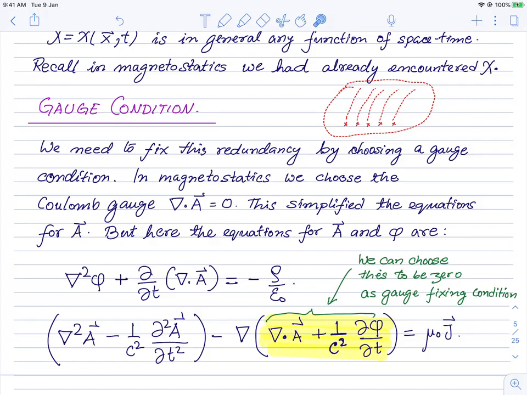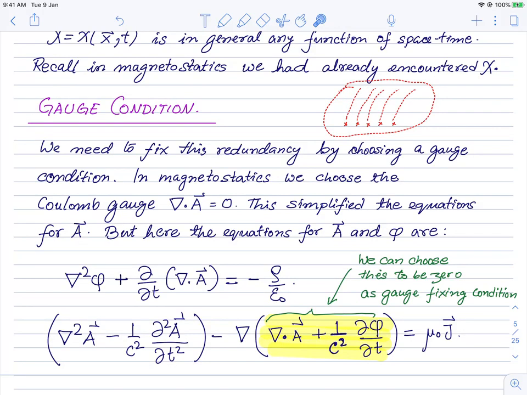Now the question is, what happens in terms of the phi and A? What happens in terms of the potentials? The potentials, on the other hand, cannot describe a single physical situation uniquely, because we have seen that if we gauge transform, that new potential also describes the same physical situation. All the points on this line describe the same physical situation.